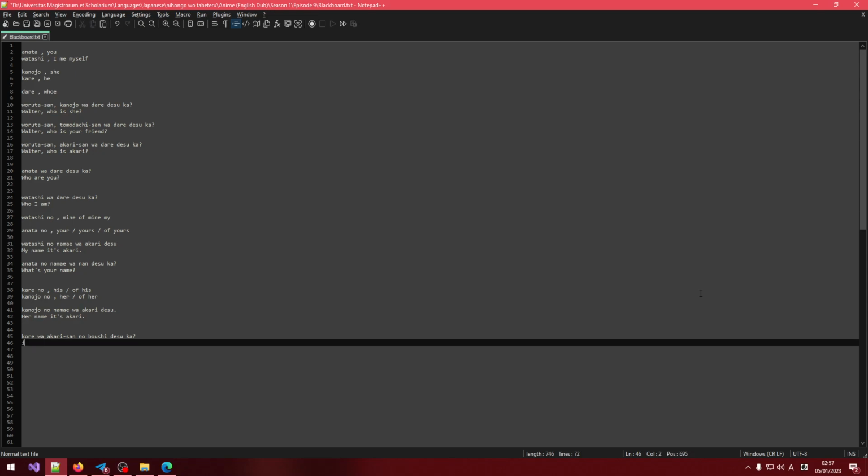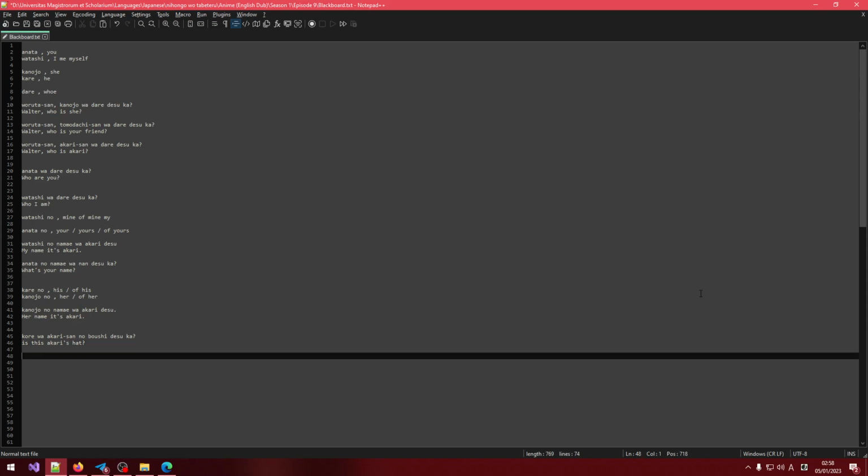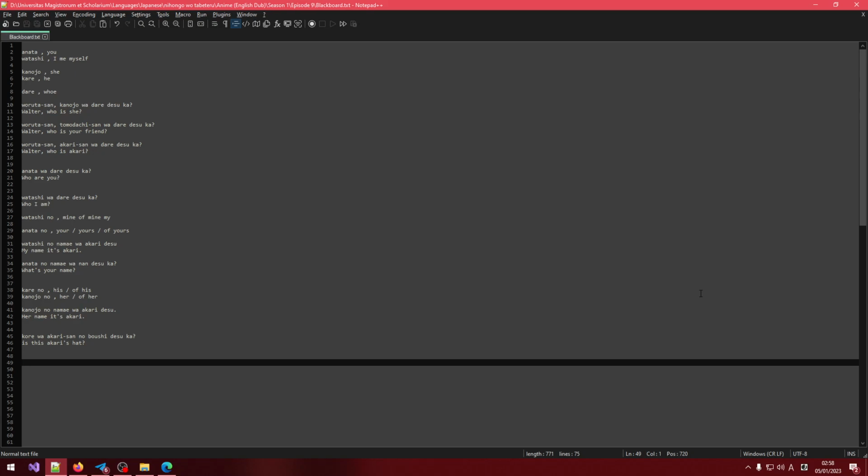Is this Akari's? This is the keyboard. Is this Akari's hat? Is this hat of Akari? Whatever translation you prefer.